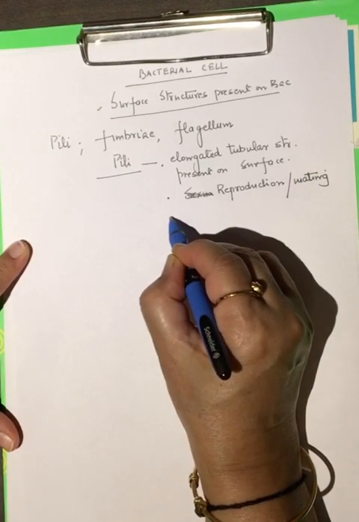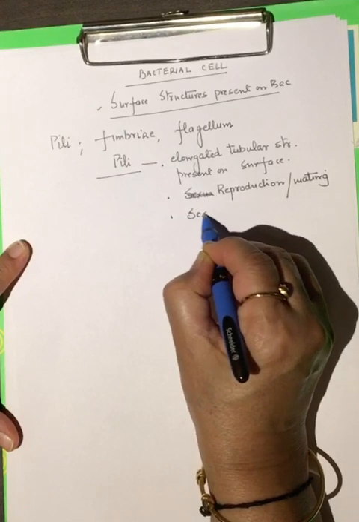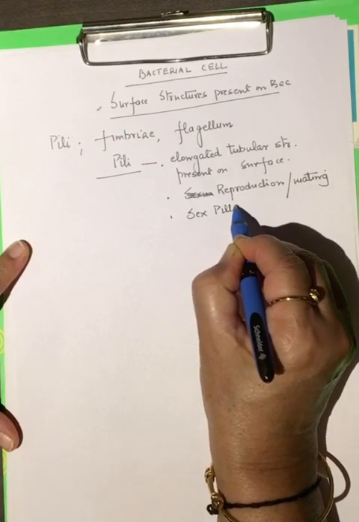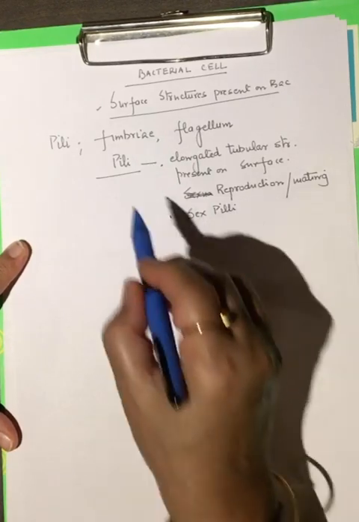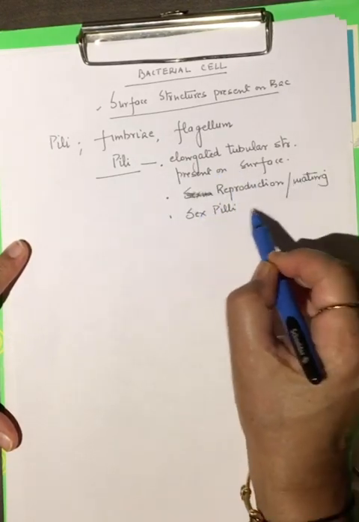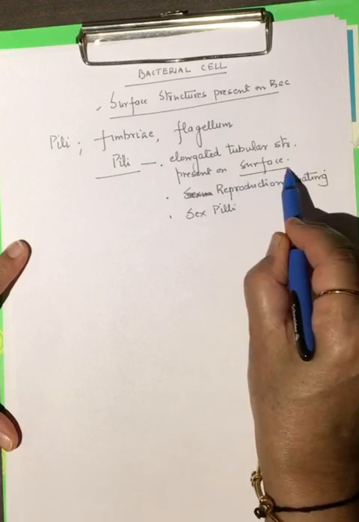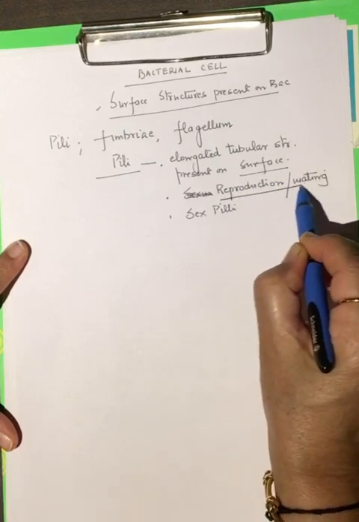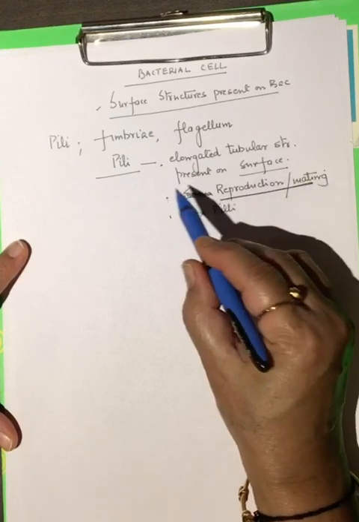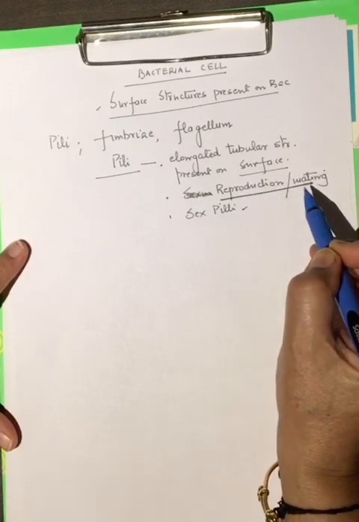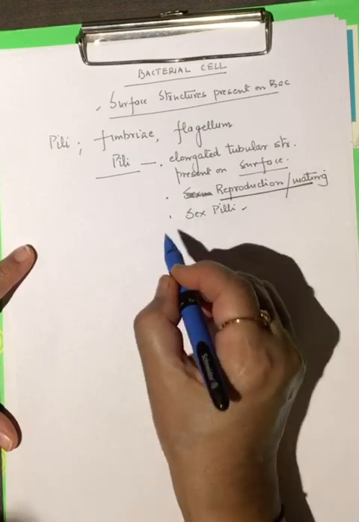So these pili can be called sex pili. These are the elongated structures present on the surface, and they help in the mating, and that is why they can be called the sex pili.